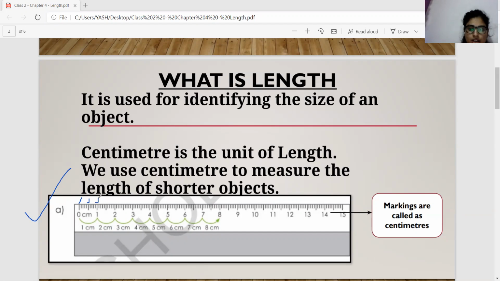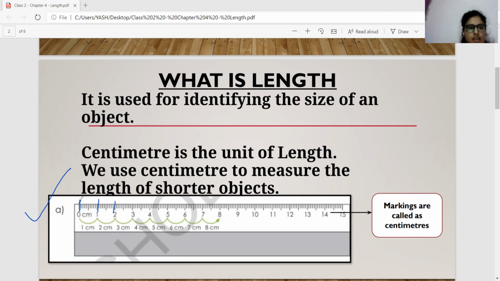The longer lines represent the numbers in centimeters, and the shorter ones are called divisions.